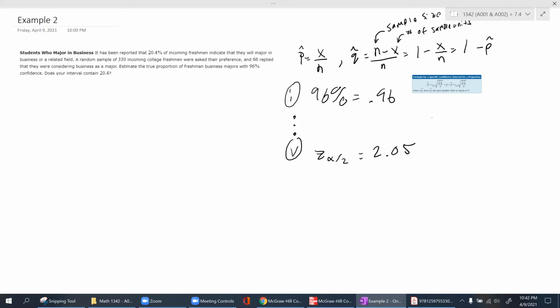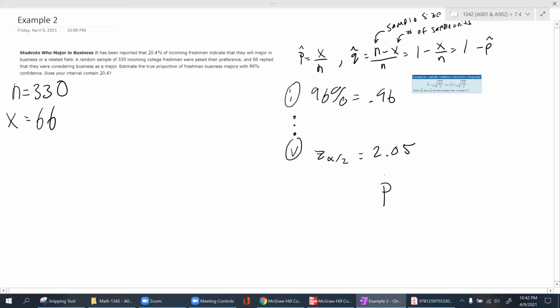There's a lot of information given here, so let's break this down. It's a random sample of 330, so that's my sample size n. And 66 replied, that is my focus, the x value.